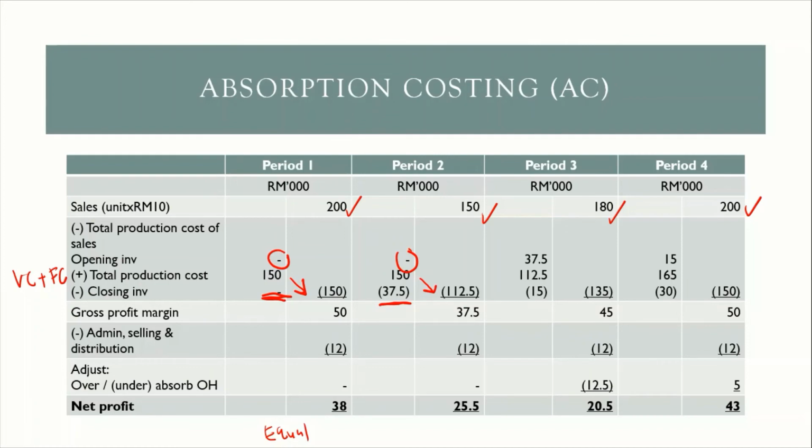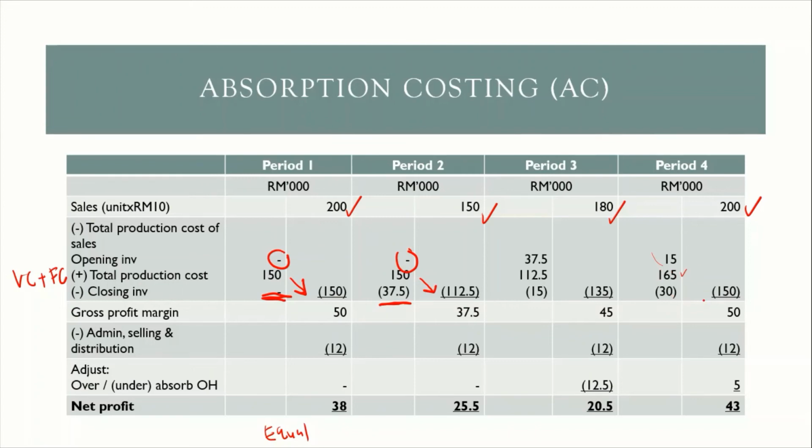Please review it. For period 4, you can see that the situation is that the sales is lower than production, and this is the amount for sales revenue. The opening inventory is gained from the previous period, and this is the current production cost, and there is a balance of 30,000.